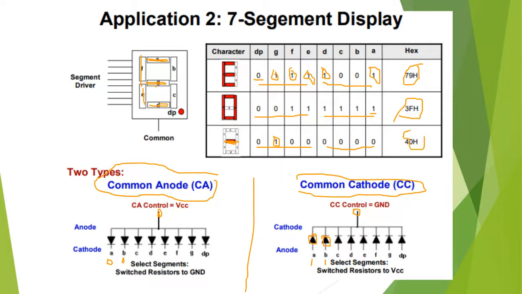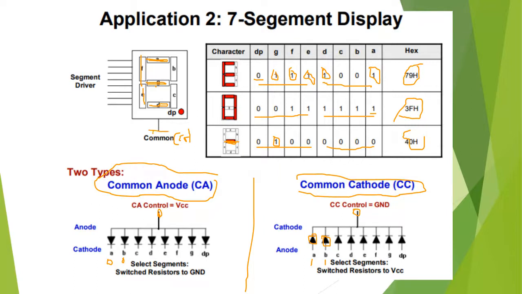So in a common cathode system, that means this display is common cathode, CC. You can see it is, for example, CC. Or you can see this common point is ground. If it is like that, it is a common cathode system.